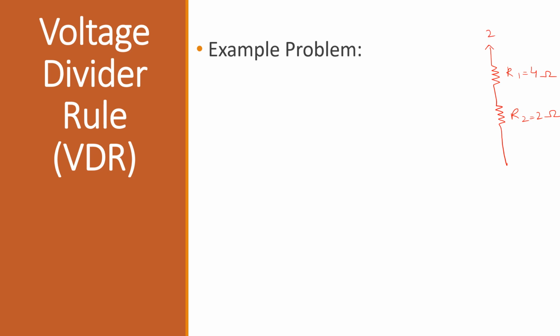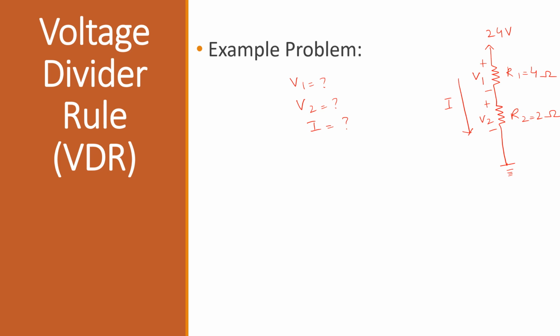This is the input voltage of 24 volts. This is ground. This is V1. This is V2 and this is the direction of current. Now you have to find V1, V2 and I using the voltage divider rule.